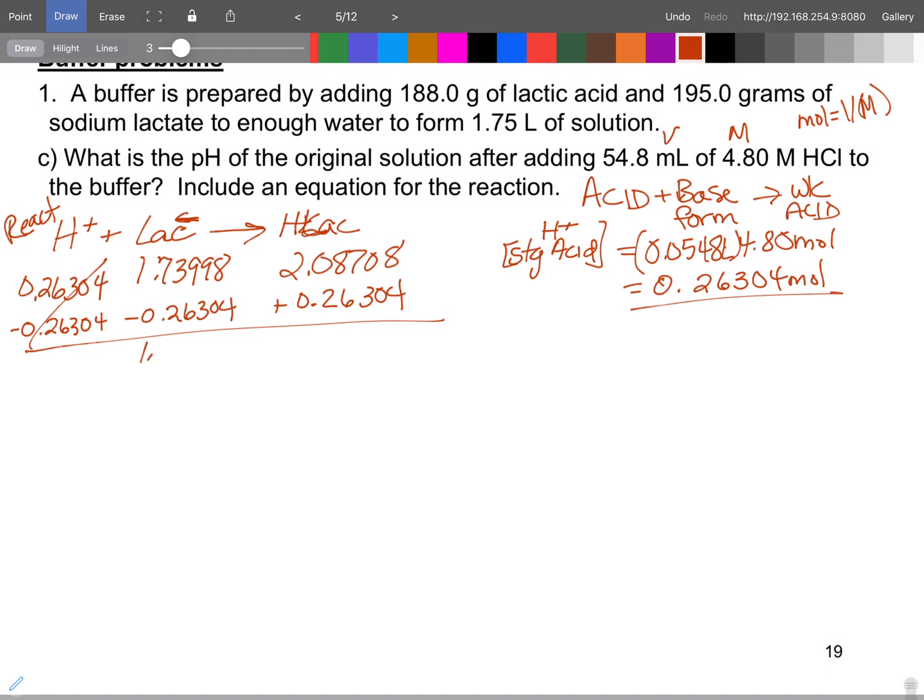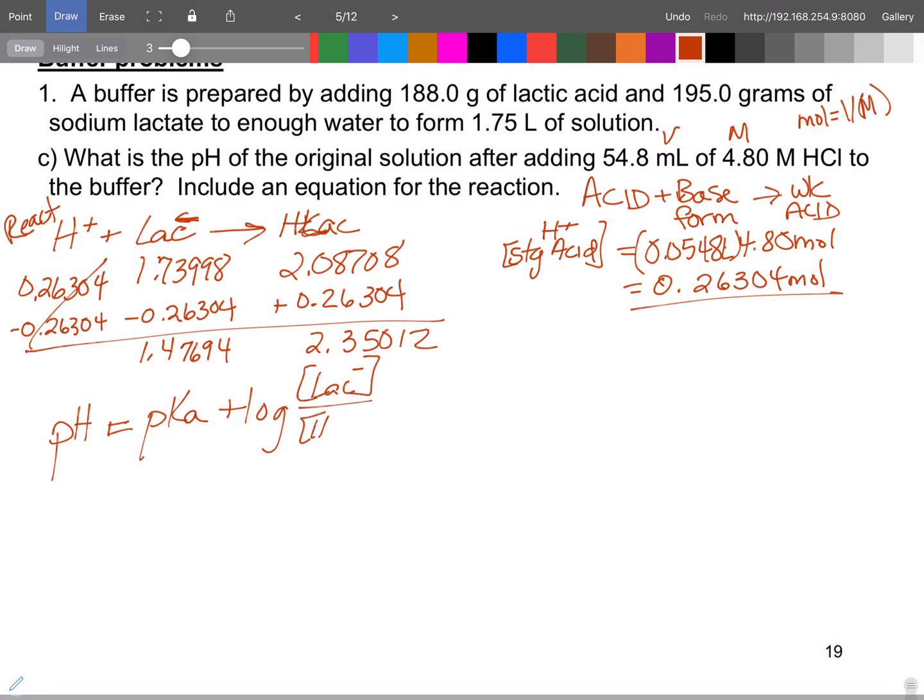So we end up with 1.47694 here and 2.35012. Now, guess what? We're back to the Henderson-Hasselbalch equation, which is equal to pKa plus the log of lac minus over H-lac. So when we do this, again, we have the 3.8539 because the pKa didn't change.